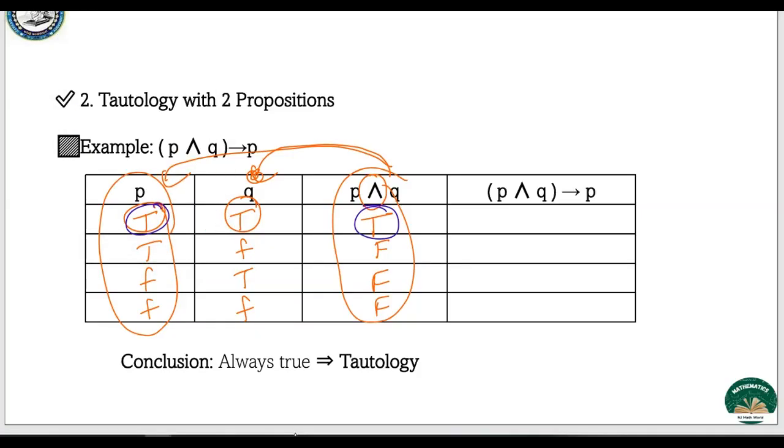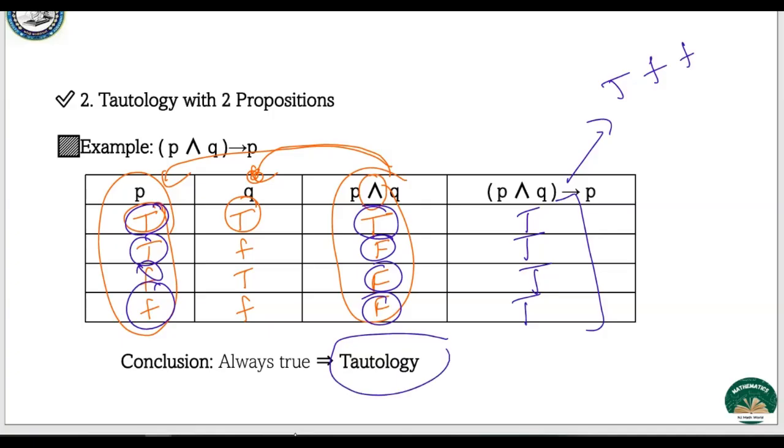So we'll check like this: T and T, it is T. F and T, it is T. F and F, it is T. F and F, it is T. For implication, the only case that is false is T, F, but we don't have that value. Therefore, all the values are T, so it is a tautology.